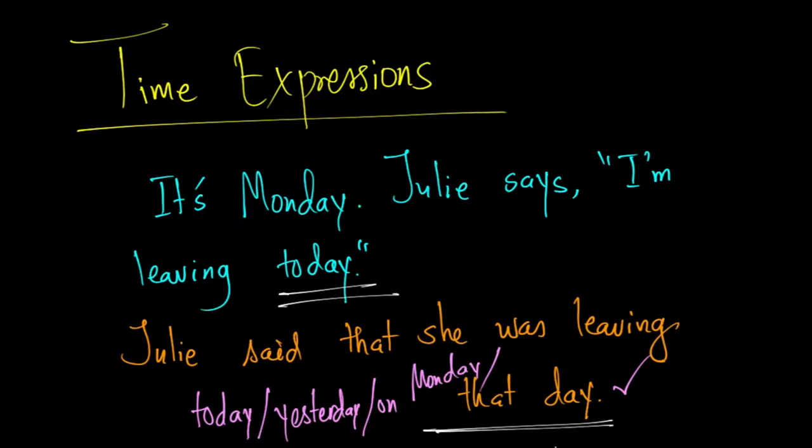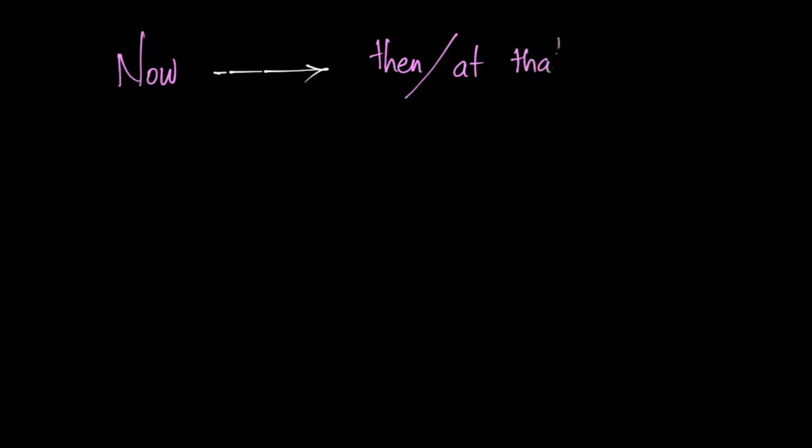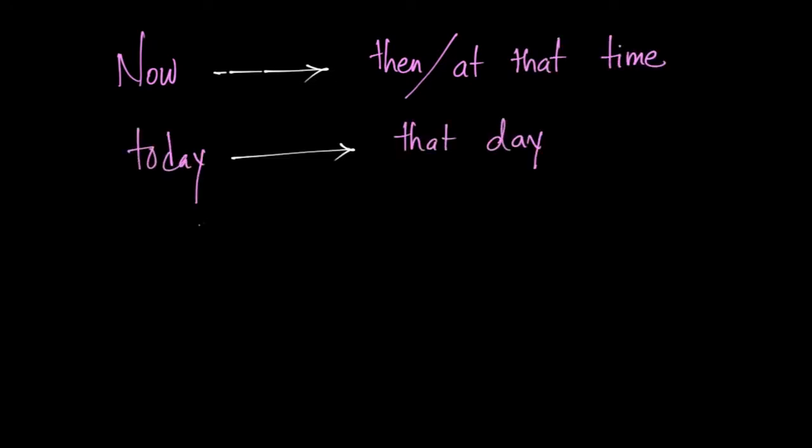Now let me just write how changes are done. See, now it changed into what? Now it changed into then, sometimes, at that time. Today it changed into that day, but there's no fixed rule to that.